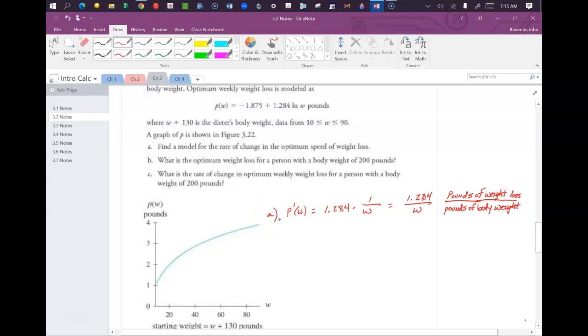That's part A. In part B, they are asking for the optimum weight loss, not the rate of change of optimum speed of weight loss.